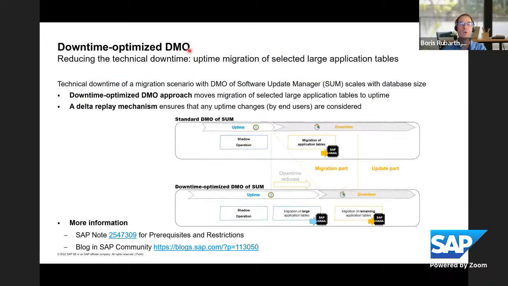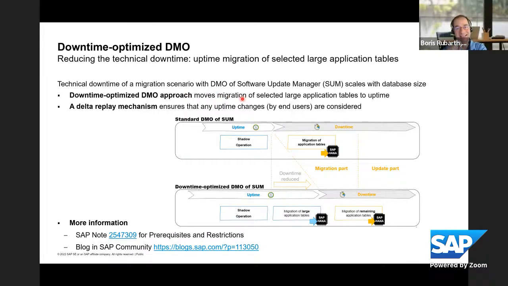Downtime optimized DMO is reducing the technical downtime by migrating selected large application tables already in uptime. In general, for a scenario that includes database migration, this scales with the database size. The more content we have to migrate, the longer the downtime is. Downtime optimized DMO approach moves migration of selected large application tables to uptime.